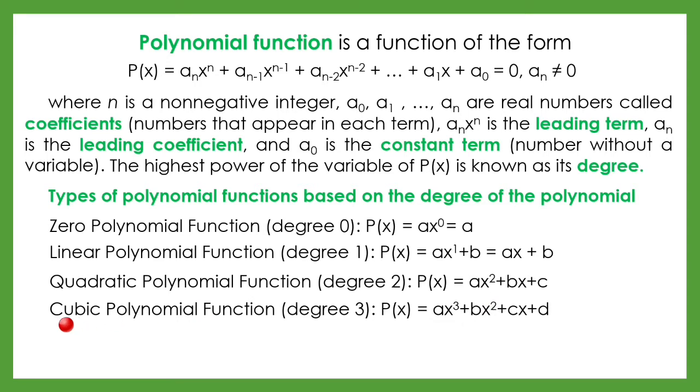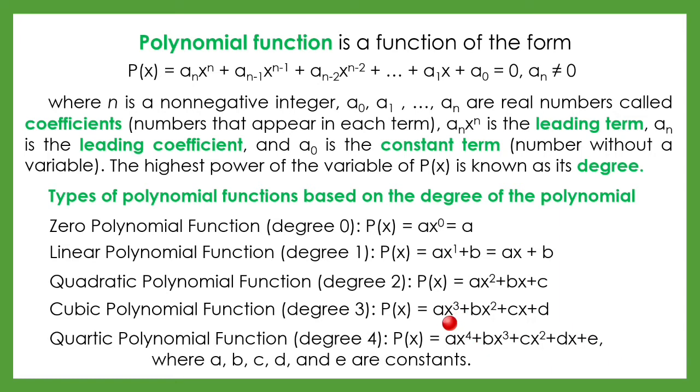And then, we have cubic polynomial function. The degree is 3. P of x equals ax cubed plus bx squared plus cx plus d. So, ang highest degree or highest power is 3. Yung ax cubed. And then, we have quartic polynomial function. The degree is 4.